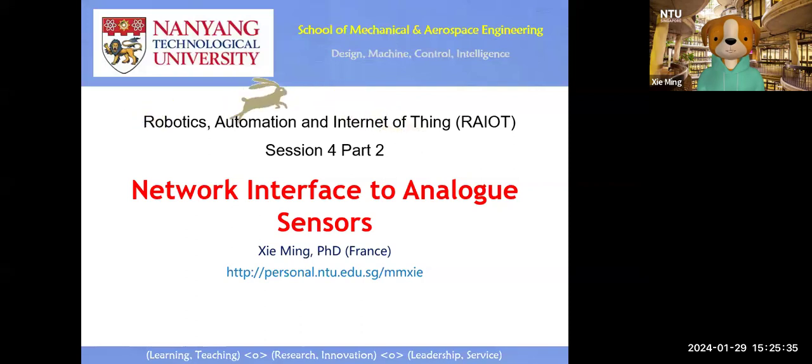Okay, so we continue to study the second lecture in session 4. You remember in lecture 1 of session 4, we studied 2 examples: one analog sensor and one digital sensor, right?